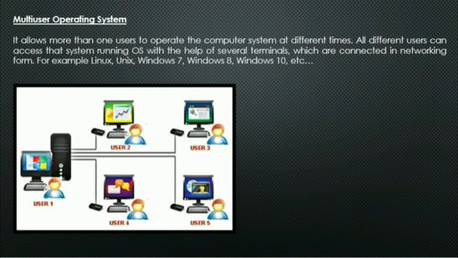With the help of these devices we can connect these users together into a single system. That is known as networking. So if these 5 users are in networking, they can use the mainframe system or the server. That is known as multi-user operating system. And from Windows XP, the multi-user feature is supported.